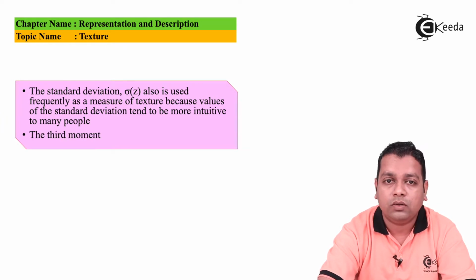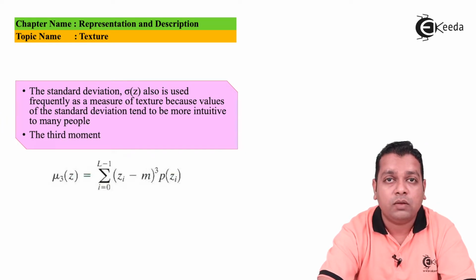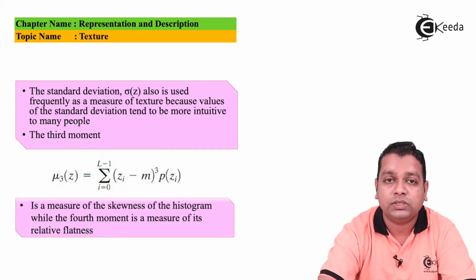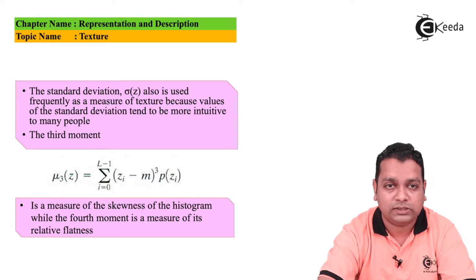The third moment, with the notation mu suffix 3 of z, can be computed as the summation over the index I equal to 0 to capital L minus 1 of z suffix I minus m, to the power 3, multiplied with p as a function of z suffix I. This is a measure of skewness of the histogram, while the fourth moment is a measure of relative flatness.